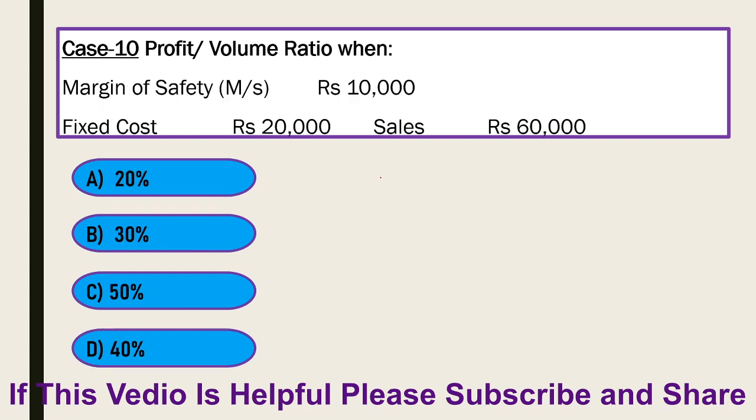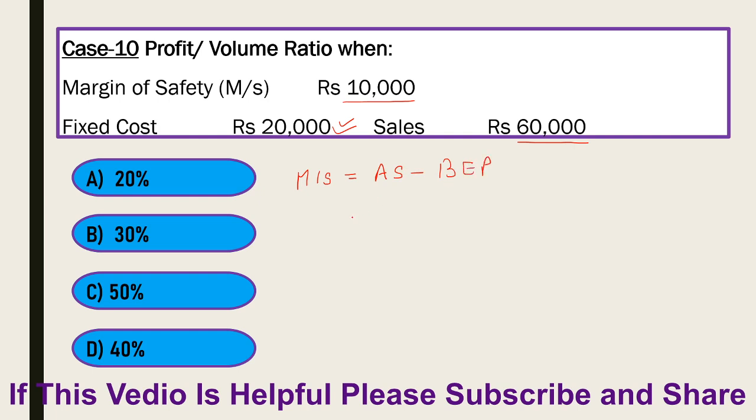In the next situation, we have margin of safety 10,000 rupees, fixed cost 20,000, and actual sales is 60,000 rupees. Margin of safety is calculated with the help of actual sales minus break-even point sales.